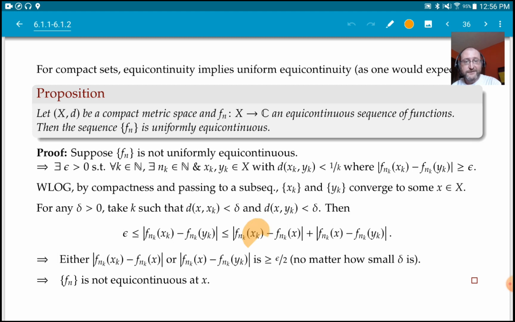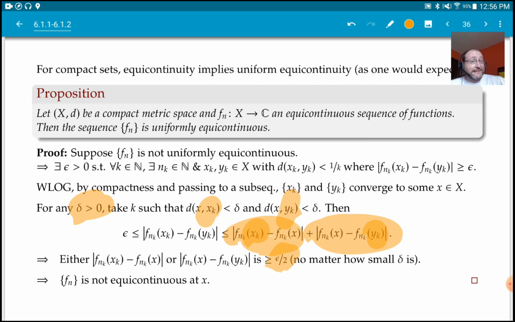We have this x_k and y_k, and those converge to x, but no matter what the delta is, we can always find some x_k or y_k, and it doesn't really matter which one you take, that is a point within delta of x, where that difference is bigger than epsilon over 2.